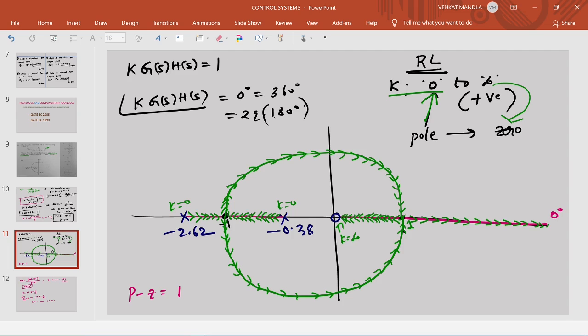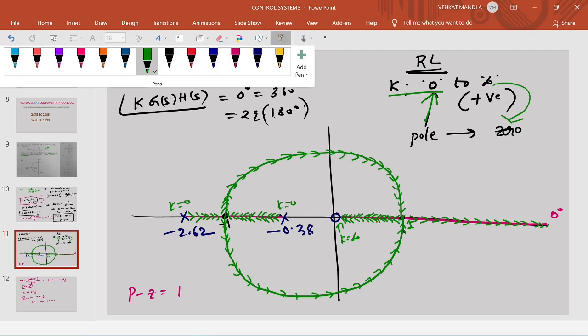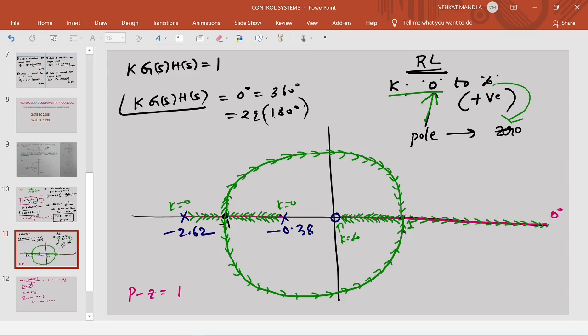Now I have to find the gain k at some points. At poles k is 0, at zero k is infinity, but I will find the gain k at these points: the point on the j omega axis, and at s equal to minus 1 and s equal to plus 1.